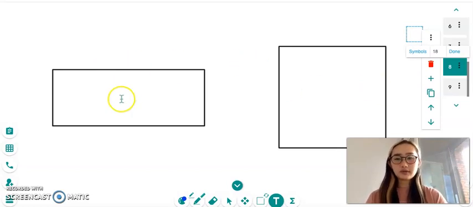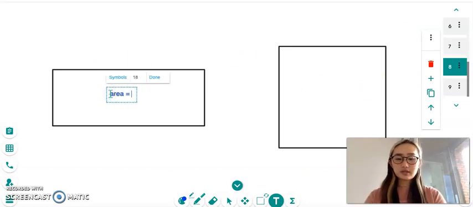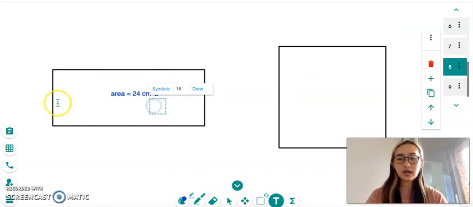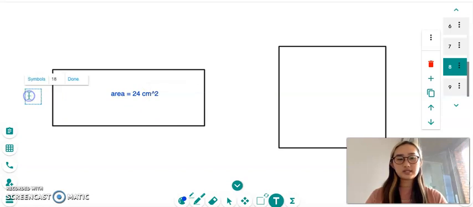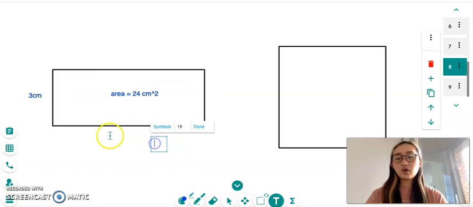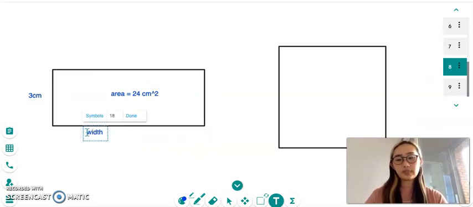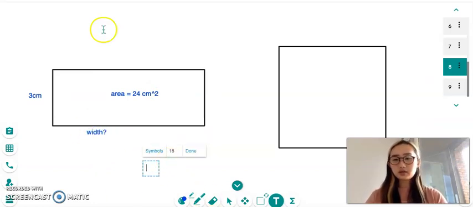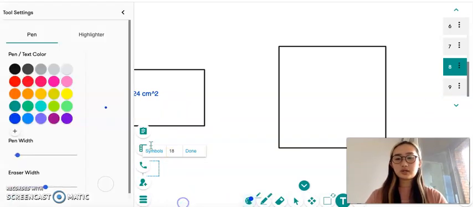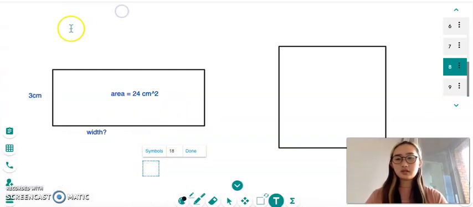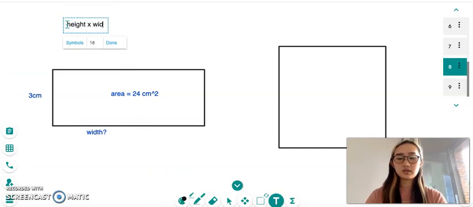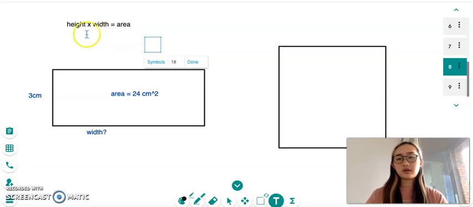Okay, so we can now move on to working out the length after being given the area. For example, if we were told this area is 24 centimetres squared, and this side is 3 centimetres, what is the width? As we know from earlier, the equation to work out area is height times width equals area, right? But we've been given the area and height here, but not the width.